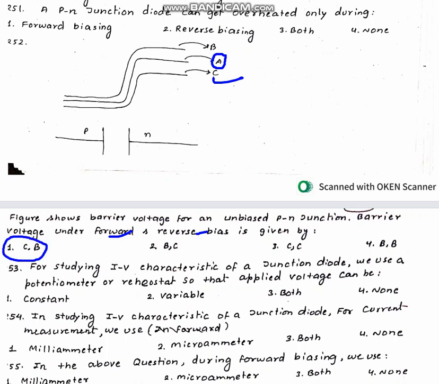Next, for studying IV characteristics of a junction diode, we use a potentiometer so that the applied voltage can be variable. Next, for current measurement we use both milliammeter as well as microammeter: milliammeter for measuring forward current and microammeter for measuring the reverse current.